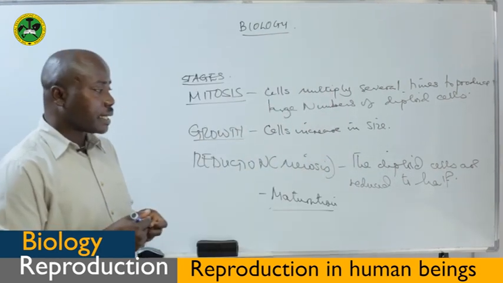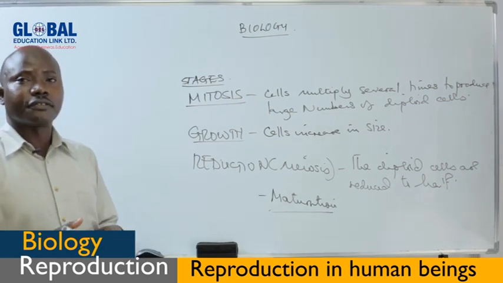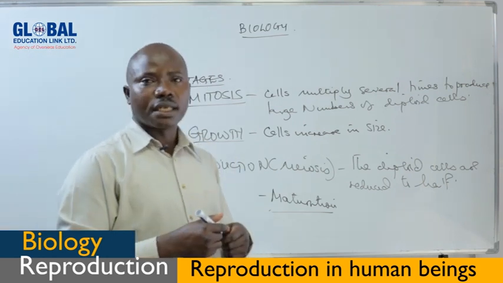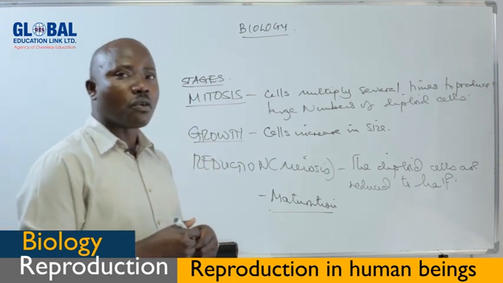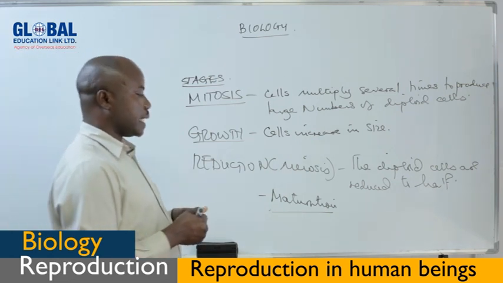The haploid cells produced as a result of meiosis are not yet functional. They must undergo cell differentiation to produce cells that are more functional to effect the process of fertilization.